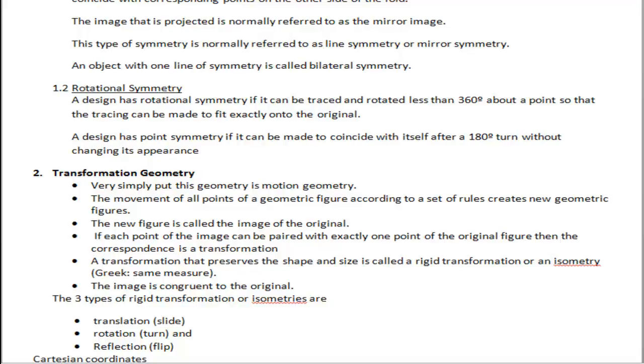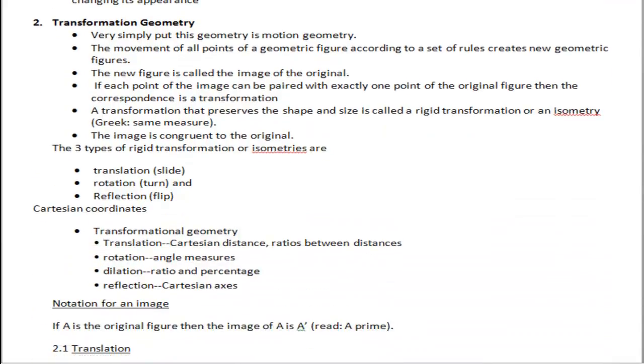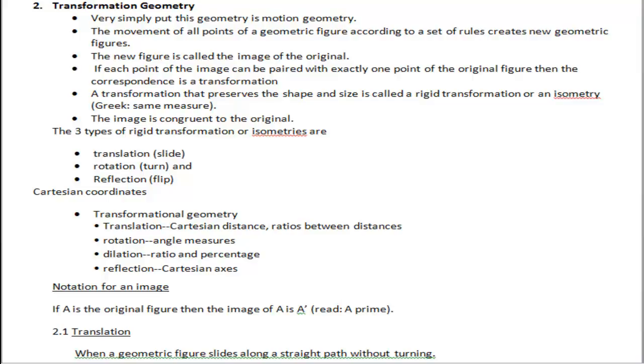Now there are three types of rigid transformations: the translation, which is a slide; the rotation, which is a turn, like when you're looking at the hands of an analog watch; and reflection, which is a flip. The Cartesian coordinates: in transformational geometry, we're looking at translation in the Cartesian plane, which is what we're going to focus on, and the ratios between distances.